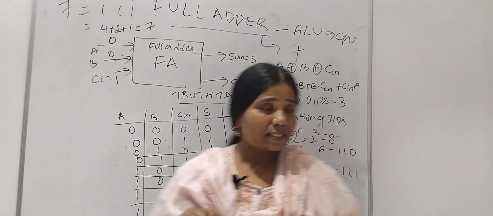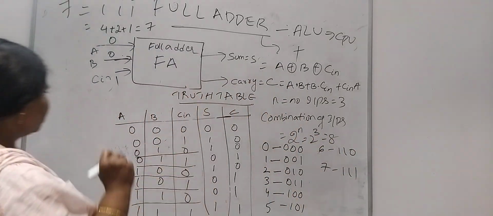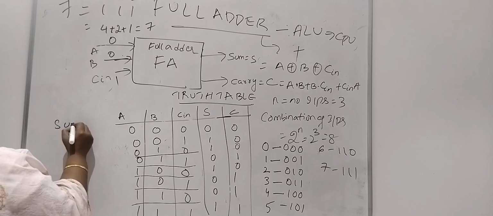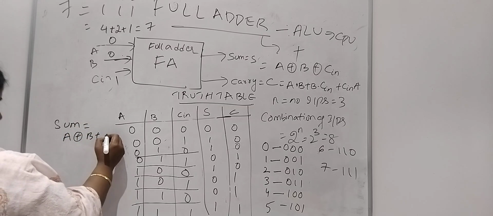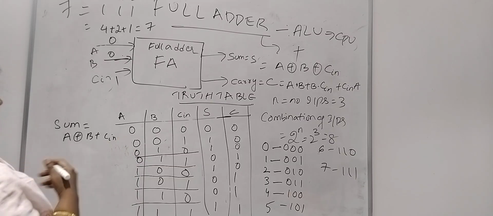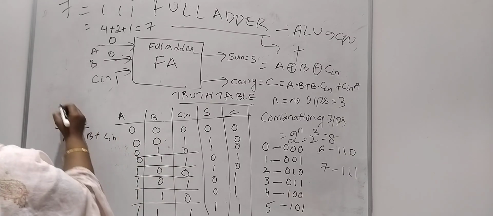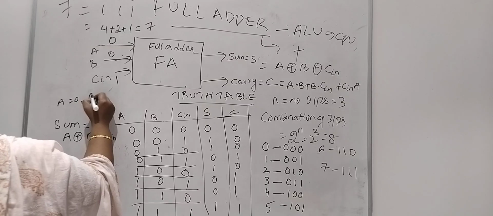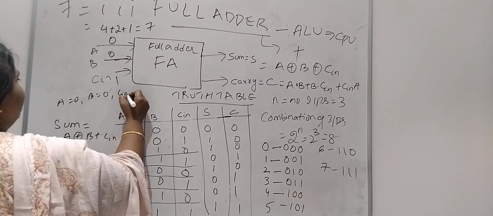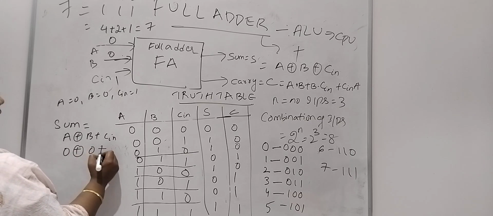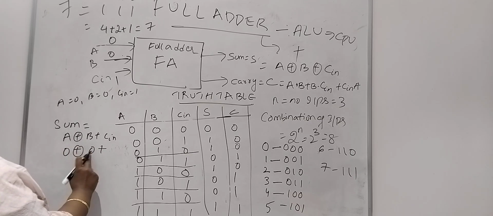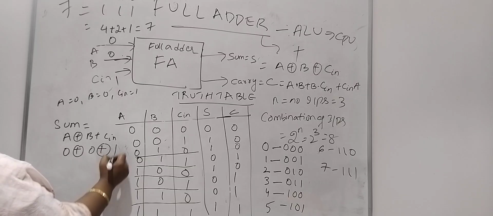Okay. So one example I will tell you, taking that expression. If you take sum equal to A XOR B XOR Cn, okay, what if I take this combination A 0, B 0, Cn 1. So 0 XORed with 0, and then A XOR B XORed with Cn which is 1.